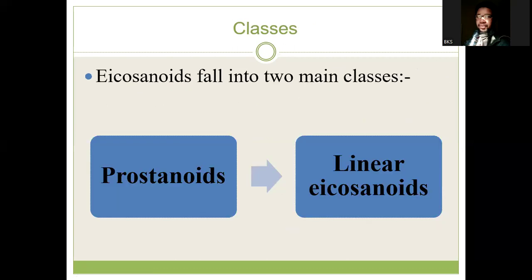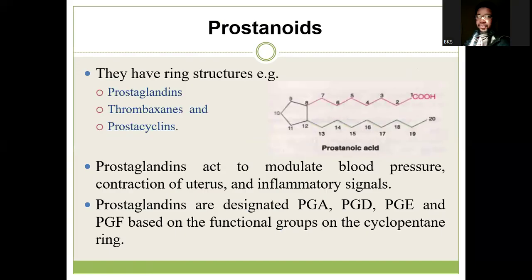But by classification, they are classified into two. We have prostanoids and we have linear eicosanoids. And this classification is on the basis of the formation of a ring.